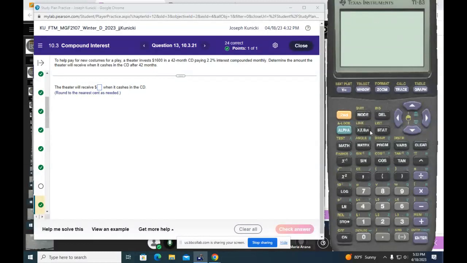So this is a future value. We're going to invest $1,600. So 1 plus R is 0.022, and it's monthly, so divided by 12. And I don't have to use NT. They told me what NT is. It's 42 months, so it's just caret 42.